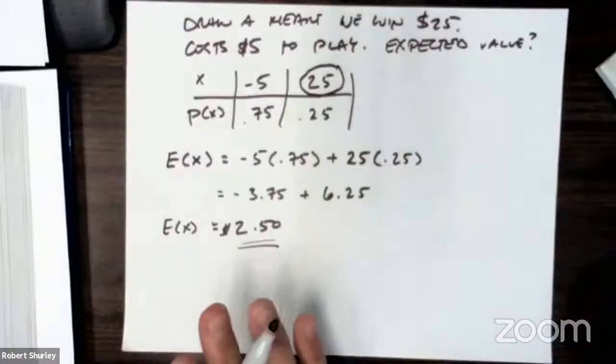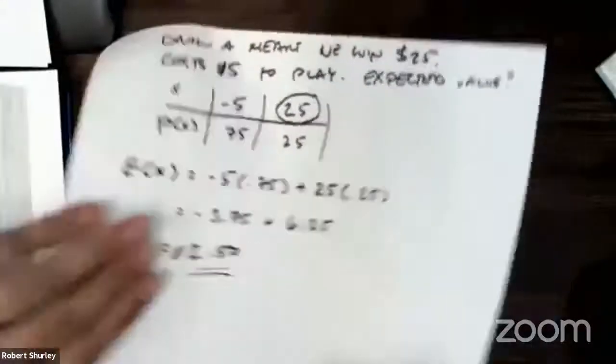Okay. So let's do a real world one right now that you could go play. Let's go do the Powerball. And I'm going to look up real fast the probability of winning the Powerball. Here we go. It's going to be a lot of numbers.